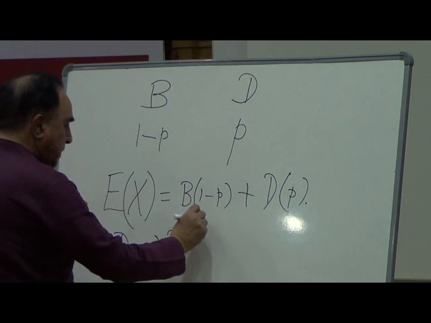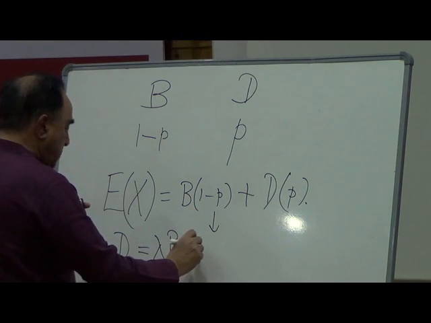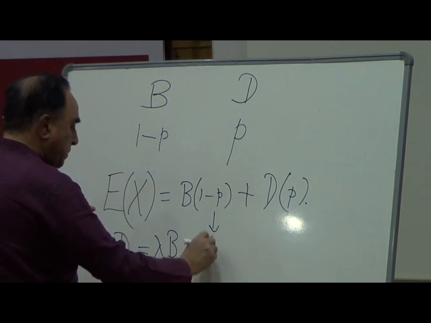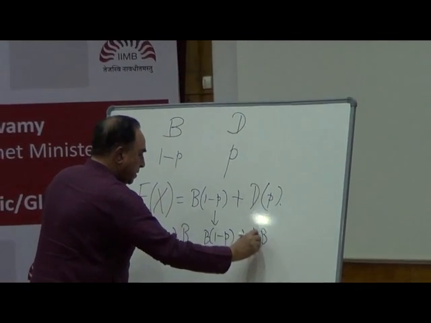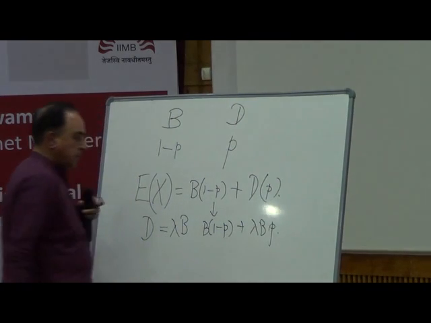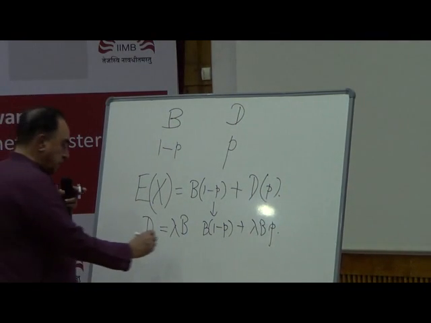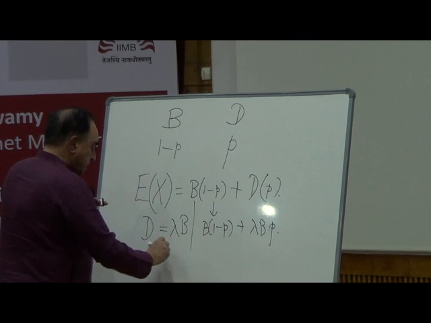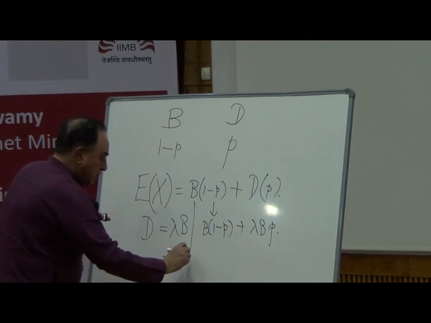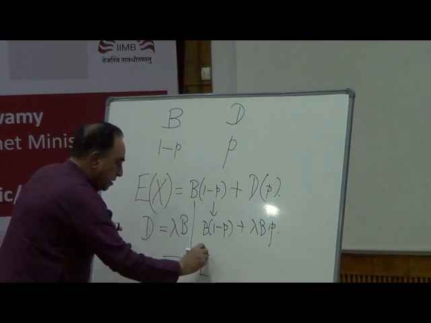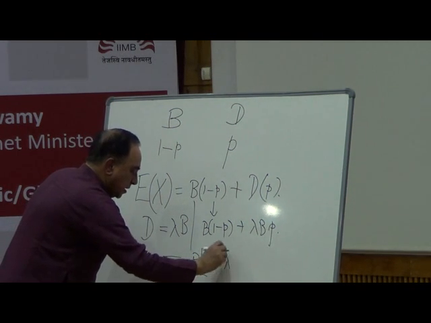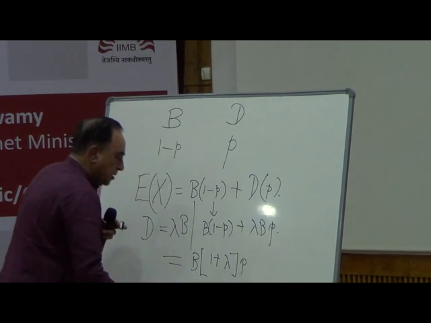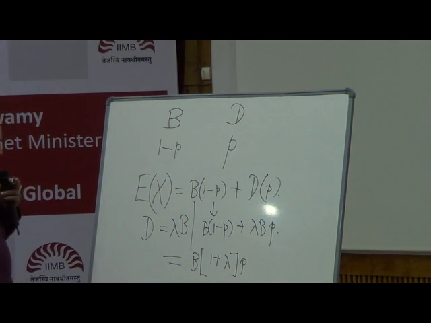Then this works out to be B into 1 minus P plus lambda B P. And so B outside, 1 plus lambda times P. Is that right? Yeah. 1 plus lambda P.